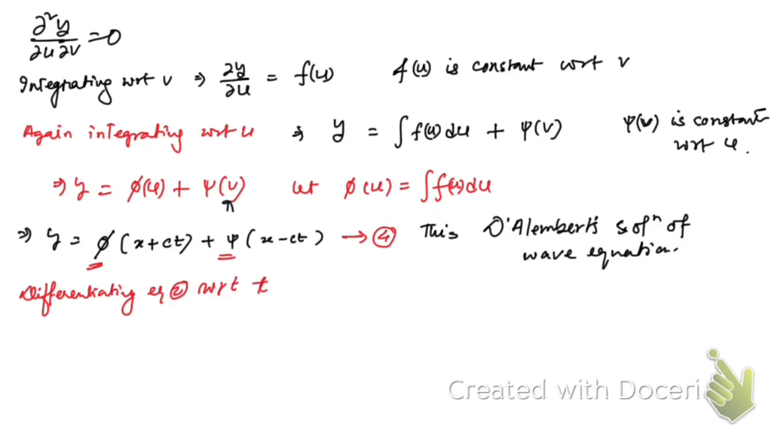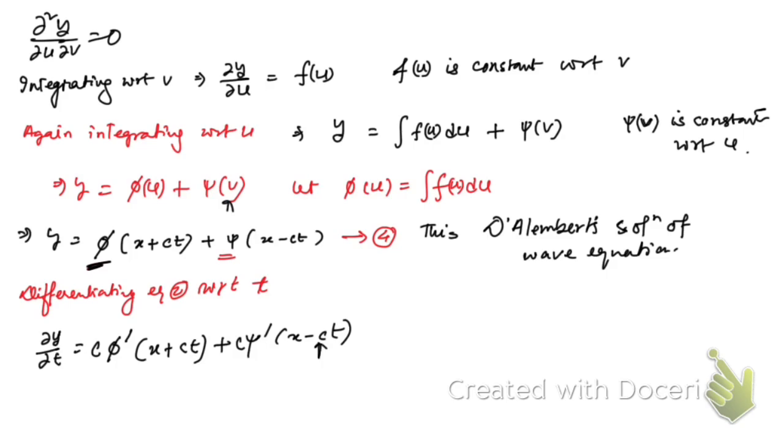Okay, so in that case we're gonna have del y by del t, right? Del y by del t, and derivative of phi we're gonna write phi dash, and this is function of function. If you differentiate this x plus ct with respect to t, then you're gonna get c here. So let me write here c. Similarly you're gonna get c phi dash x minus ct.